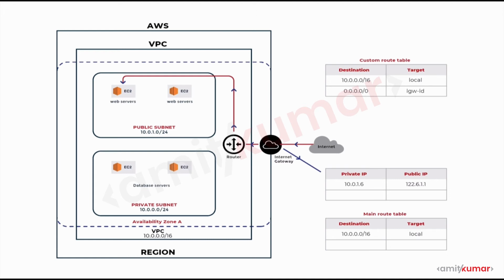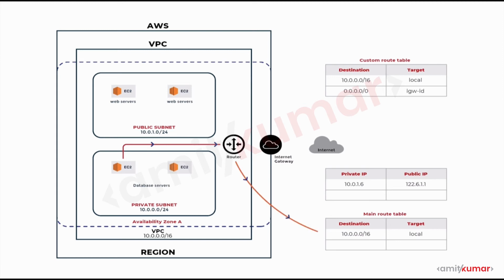Now, what happens if a request is coming from inside the VPC to go out? It could be from the private subnet or from the public subnet. First, let us see the example of a private subnet. An EC2 instance from a private subnet makes that request. It goes to the router first.